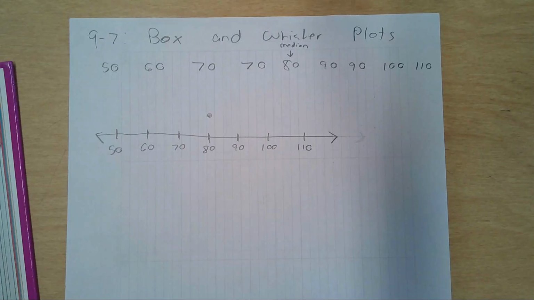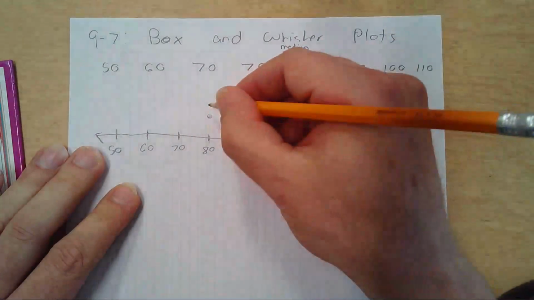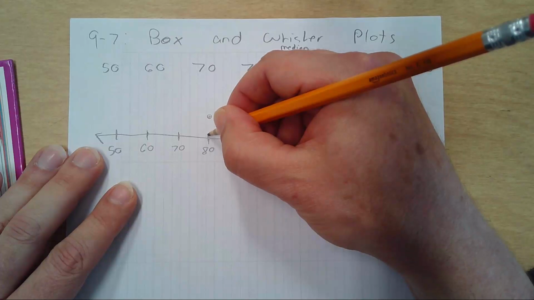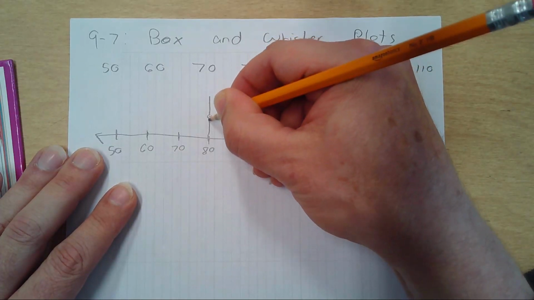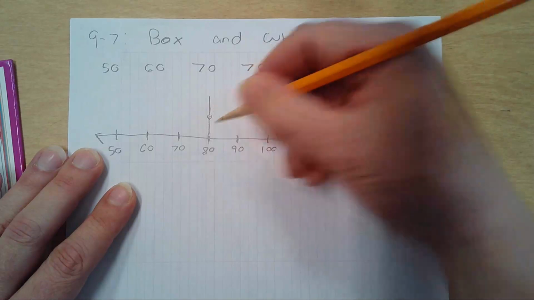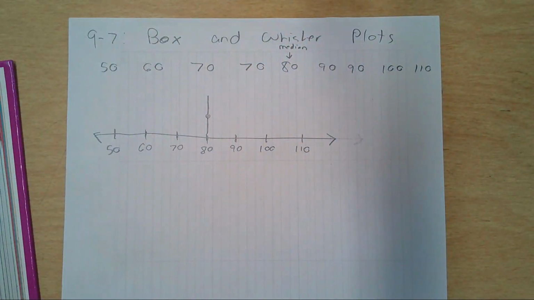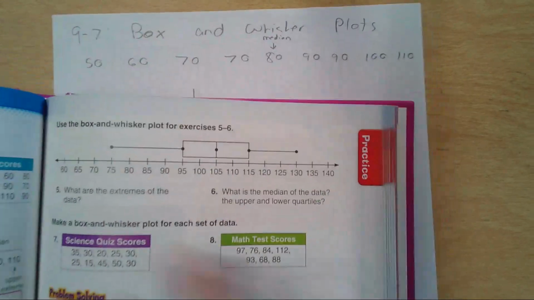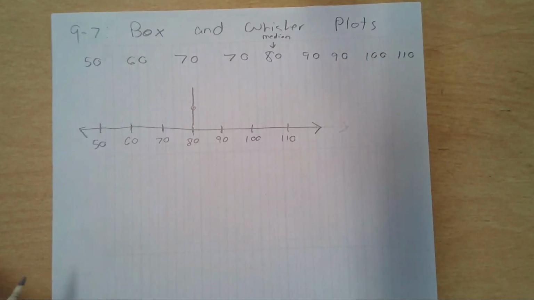That's my median. And wherever the median is, we draw a vertical line through it, like this. So we want to make a dot and draw that vertical line through it. You can draw the lines later on too. You have an idea of how this is going to look in the end.